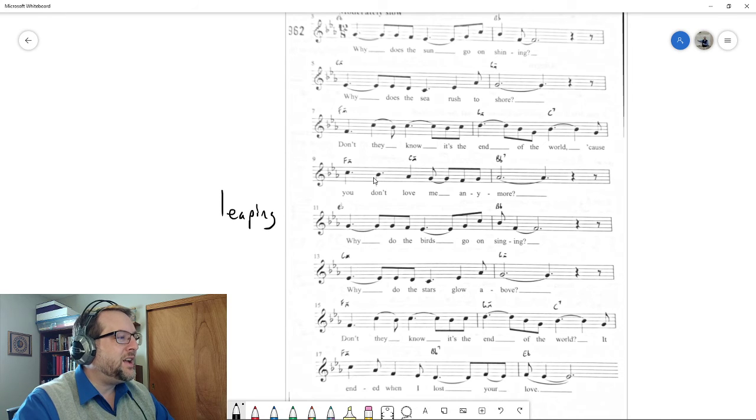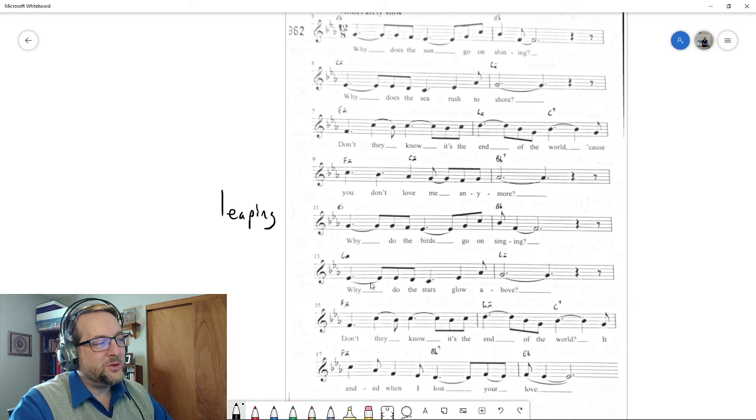Mi, la, sol, fa, mi, re, mi, fa. Mi, mi, re, do, mi, la, sol, re. Do, do, ti, la, do, fa, mi.